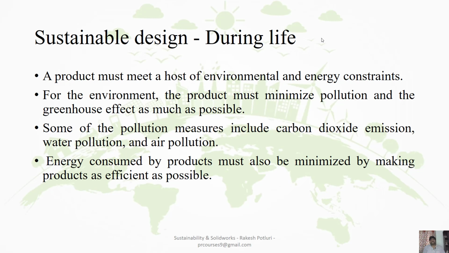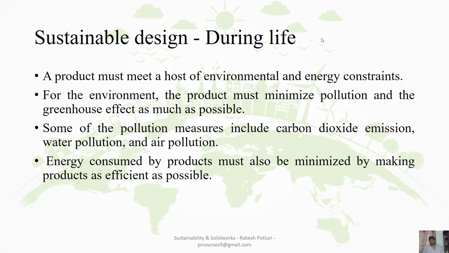When we iterate or improve the design, we minimize the pollution caused by these automobiles, which is an example of unsustainable design being improved. If the product minimizes its pollution, the greenhouse effects will also be reduced. Some of the pollution measures include carbon dioxide emissions, water pollution and air pollution.